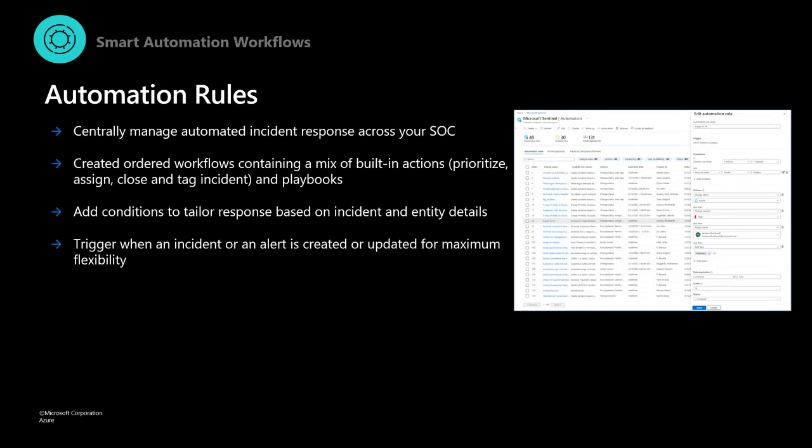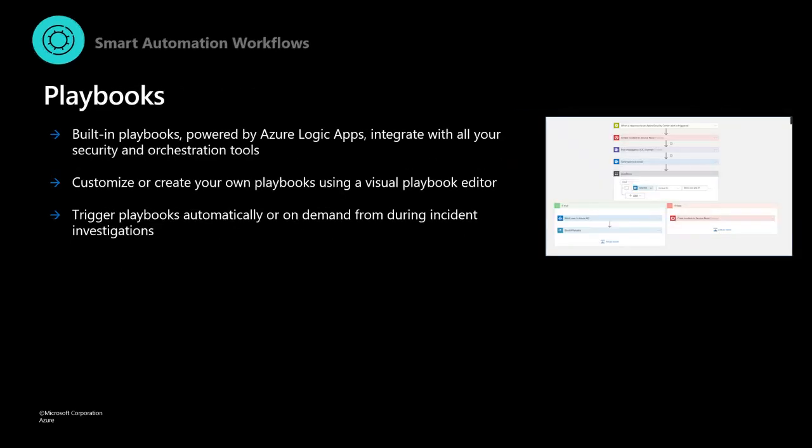The second pillar of automation capabilities is playbooks. Whenever you need external logic, external products to interact with, or more complex logic and integrations, you can use playbooks. And actually, when you leverage Sentinel playbooks, you actually leverage Azure Logic Apps, which is a very scaled and robust platform that serves many other business verticals as well.